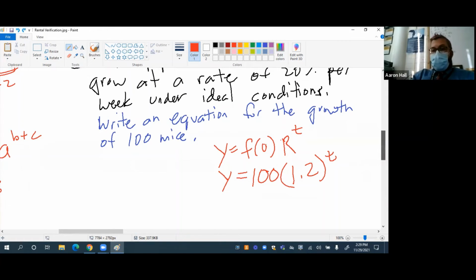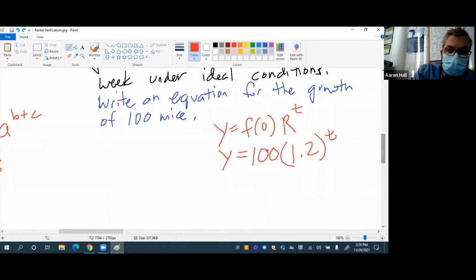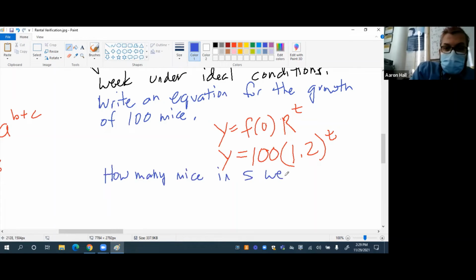How many mice will we have in 5 weeks? How many mice in 5 weeks?